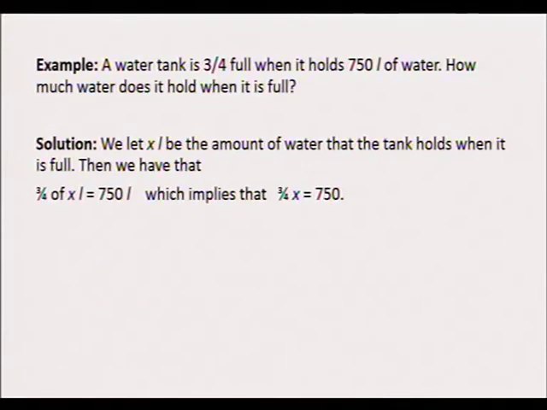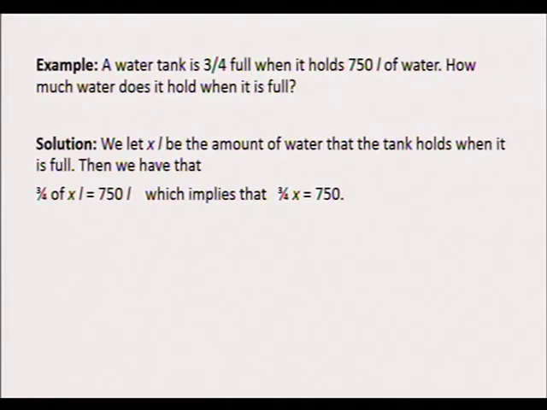So we have 3/4 of X is 750, which means that 3/4 multiplied by X must give you 750. And now we need to find X, and finding X means dividing throughout by 3/4, which is the same as multiplying throughout by 4/3.